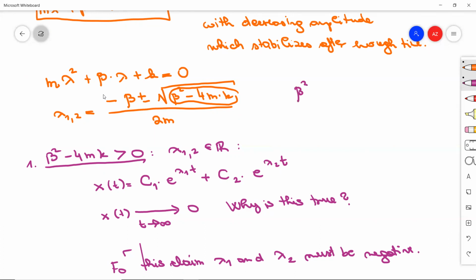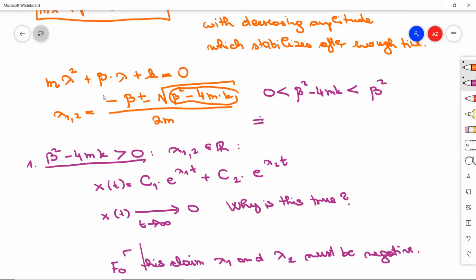So beta squared minus 4mk. Yeah, this is a good observation. I thought to give another argument, but this is a better one. So beta squared minus 4mk is smaller. We know by assumption that it's bigger than 0, but it's smaller than beta squared.